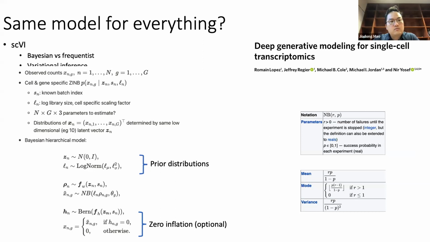So the SCVI model is a model for single-cell RNA-seq data as counts. So it directly models the counts.